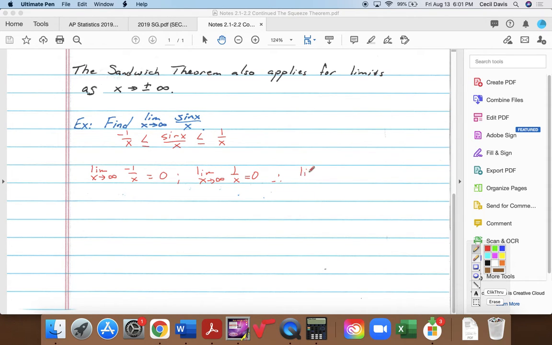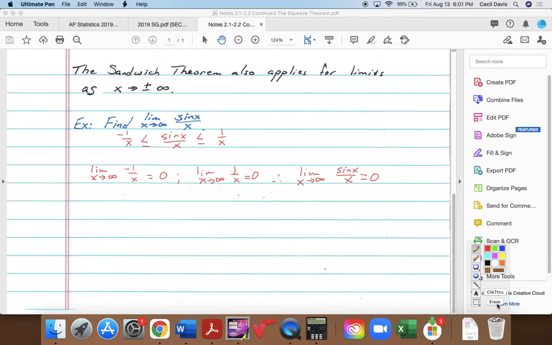Therefore, the limit as x approaches infinity of sine of x over x must go to 0 because it's sandwiched in between those two.